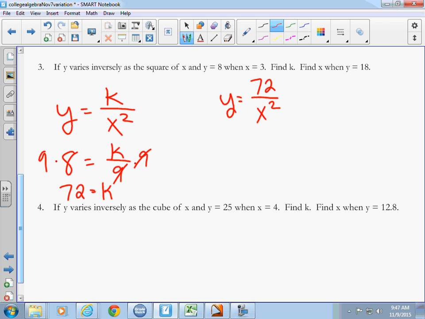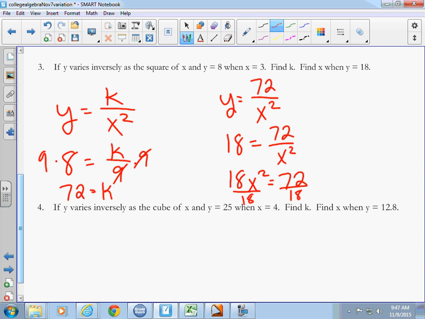So find x when y is 18. Again, cross multiplication would be a great plan here. 18x squared equals 72. What is 72 divided by 18? 4.